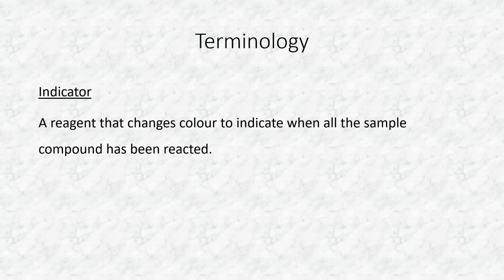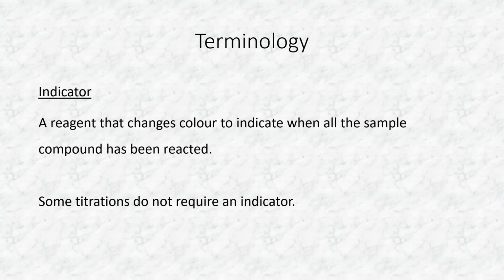An indicator substance is chosen on the basis that it has a clear colour change, and that colour change happens when the reaction is completed, when all the sample substance is used up. Examples would be using methyl orange indicator or phenolphthalein indicator in an acid-base titration. It changes colour at the point when neutralization has occurred. The indicator substance doesn't interfere with the reaction itself, it just shows up when the endpoint is reached.